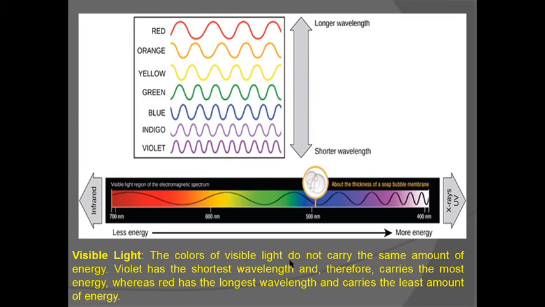The colors of visible light do not carry the same amount of energy. Violet has the shortest wavelength and therefore carries the most energy, whereas red has the longest wavelength and carries the least amount of energy.